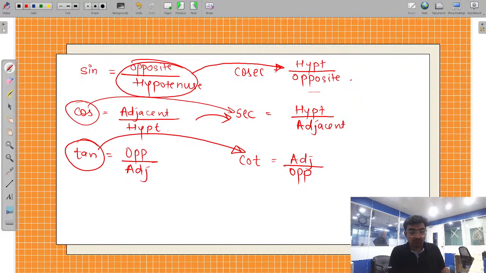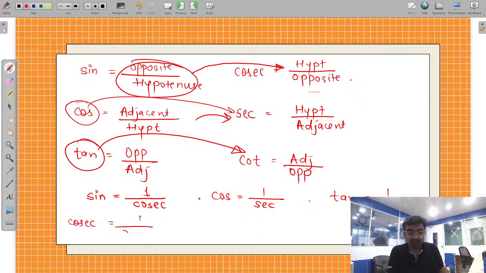Now I can write this: sine is equal to 1 by cosec, or cos is equal to 1 by sec, or tan is equal to 1 by cot. Or vice versa, cosec is equal to 1 by sine, sec is equal to 1 by cos, it goes both ways, or cot is equal to 1 by tan.